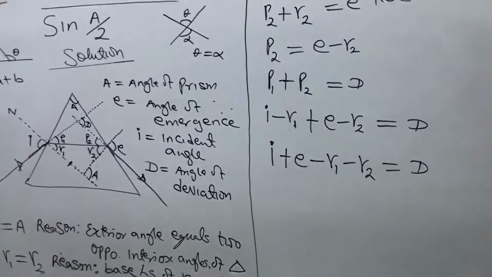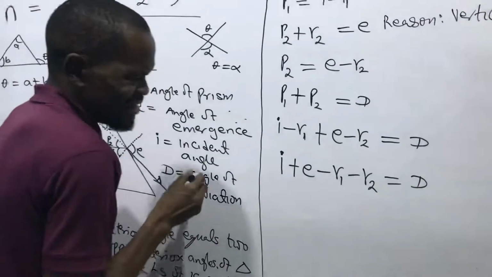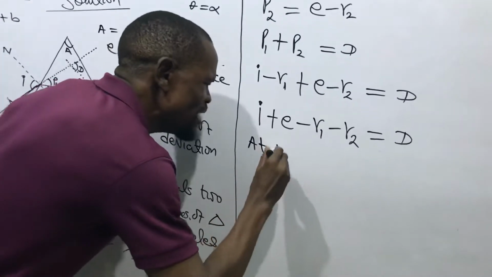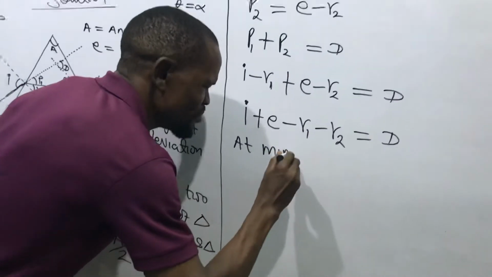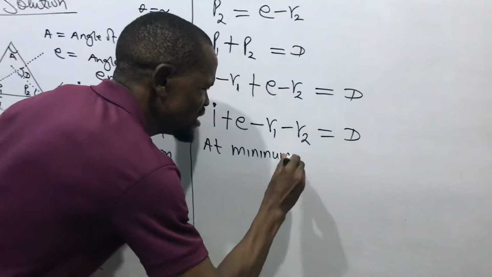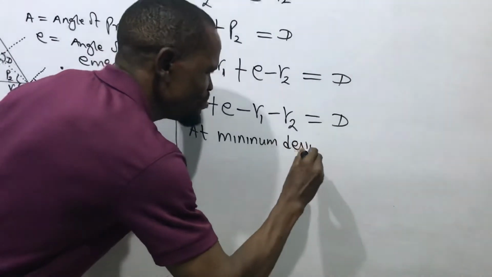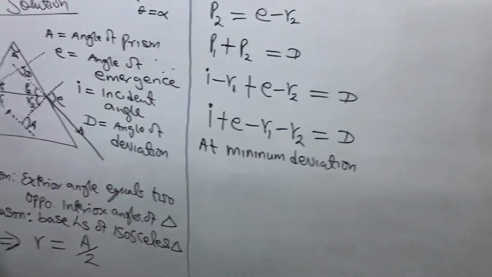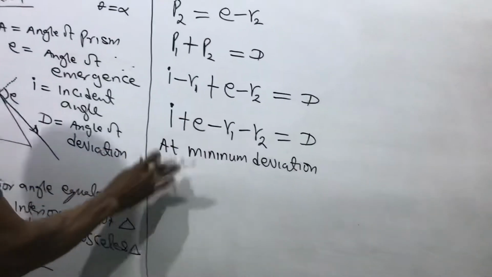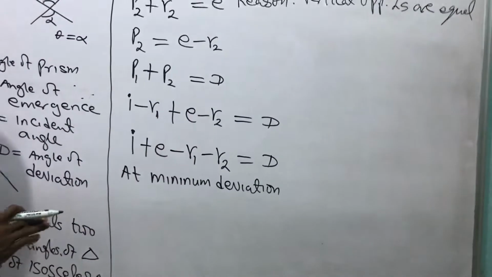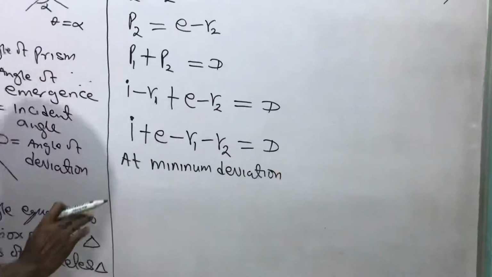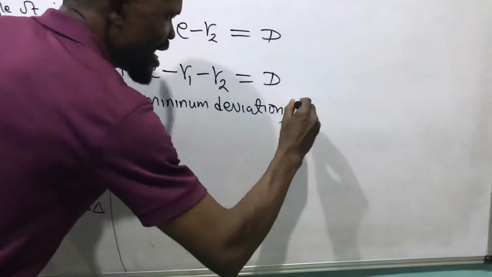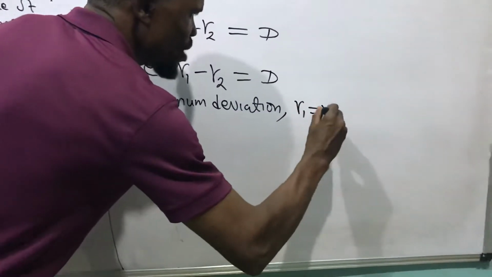You get me? Then I say, at minimum deviation, that's the condition for minimum deviation to occur. What am I talking about? Condition for minimum deviation to occur. At minimum deviation, I find that for minimum deviation to occur, R1 is equal to R2.